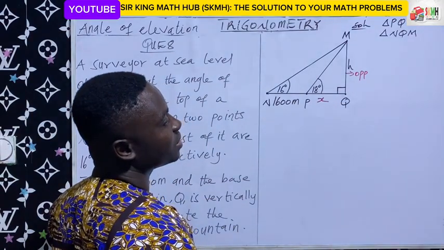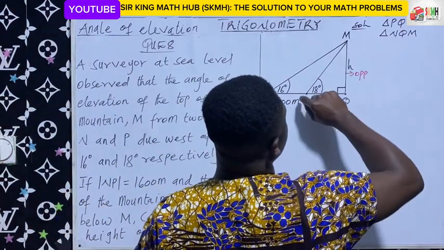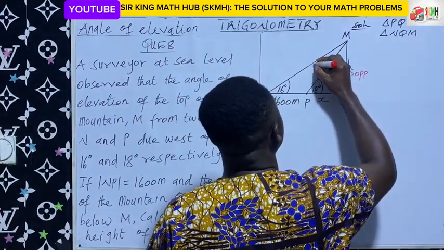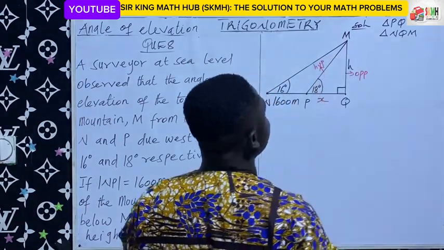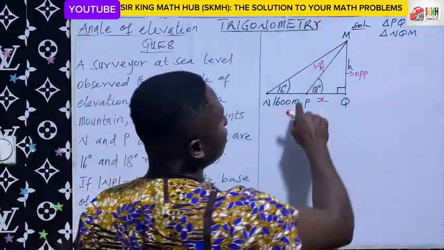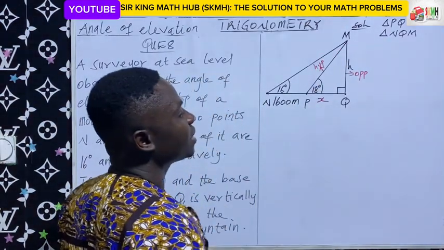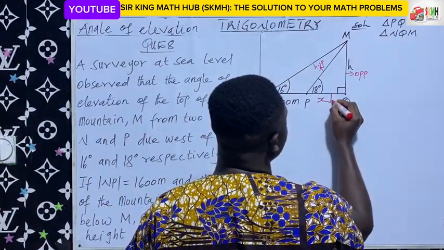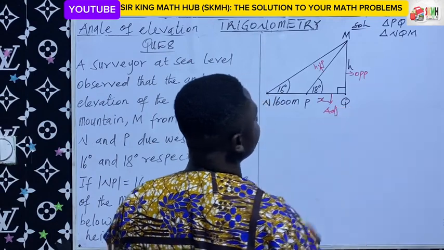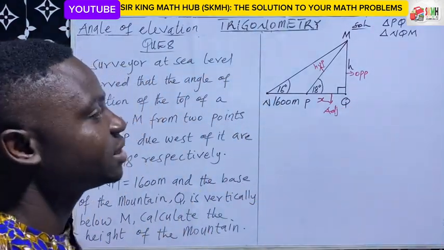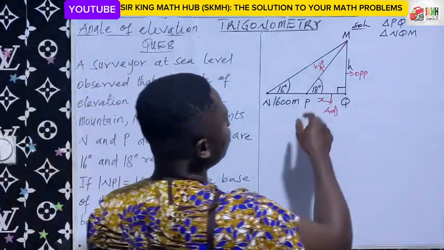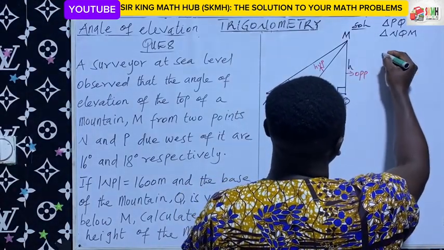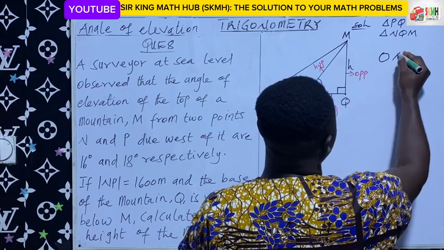This distance here, line PM, represents the hypotenuse, simply because that is the longest side and it is the side facing the 90 degrees angle. So obviously the remaining side becomes the adjacent. So from the smaller right angle triangle, we have our opposite and our adjacent.